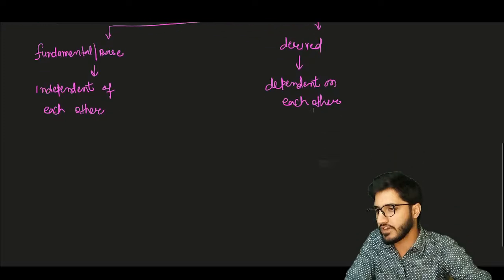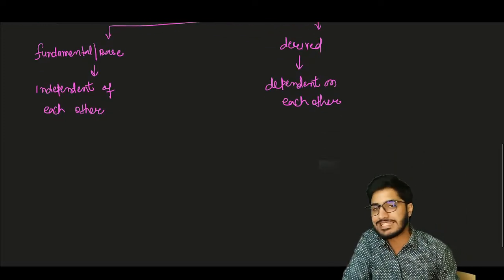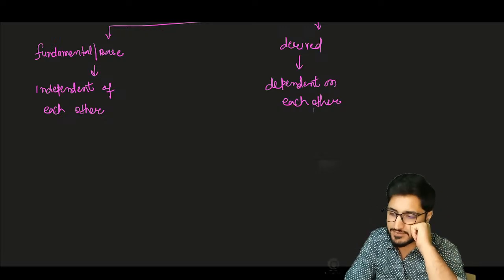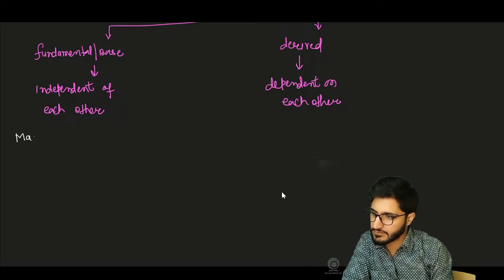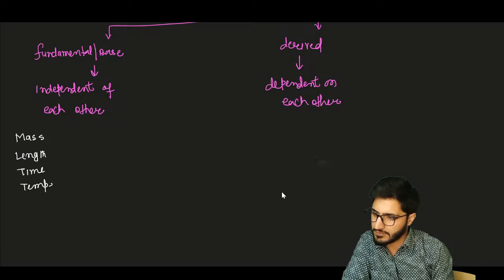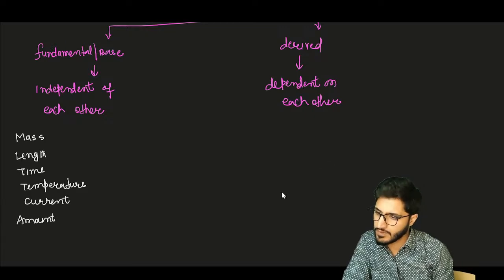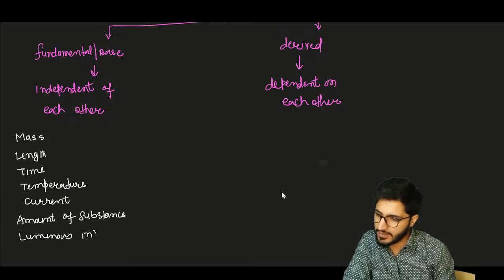So in the whole physics we are only having seven quantities, in which we are having mass, length, time, temperature, current, amount of substance, luminous intensity.